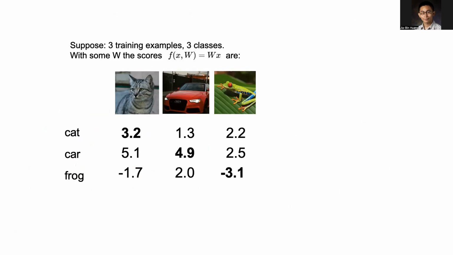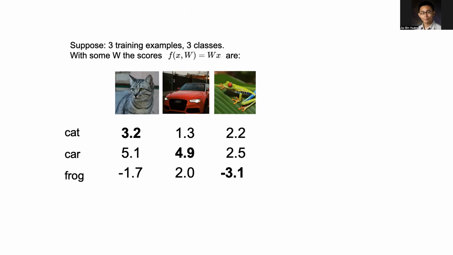So let's say, again, to simplify this, we have three examples, and we have a classifier that predicts 3 classes, and these are the current scores, okay? So a loss function essentially is a function of parameters.